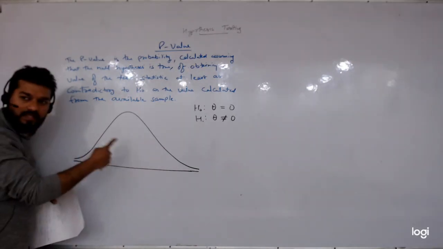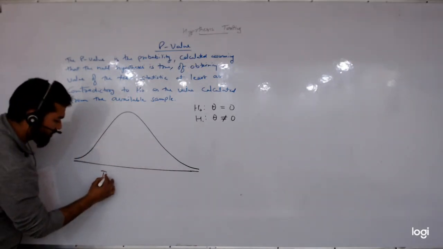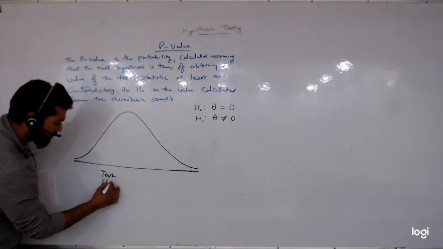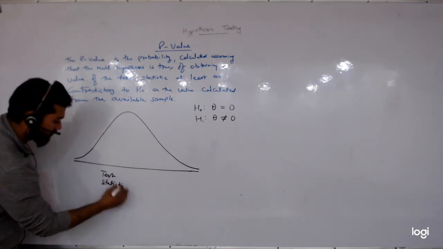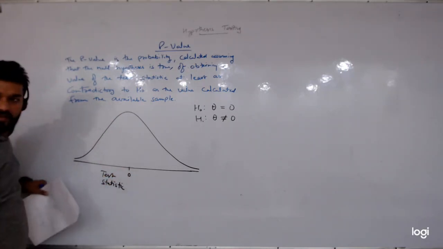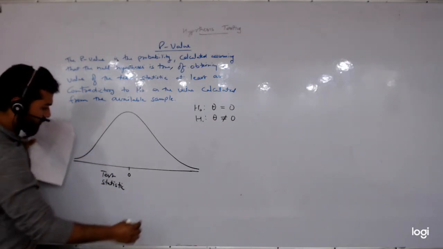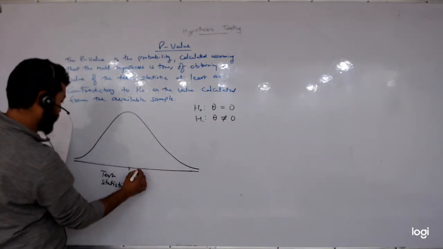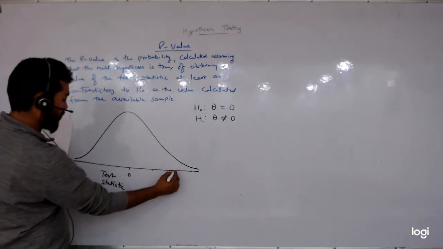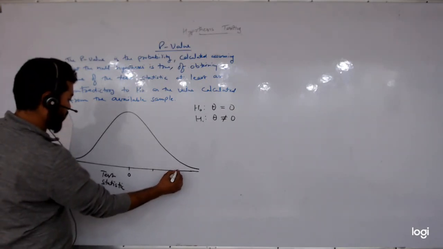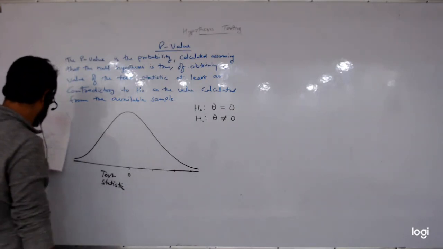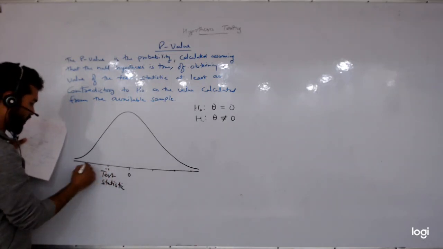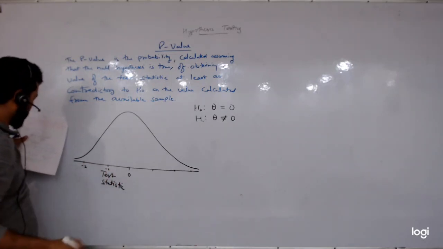So this is still the distribution of the test statistic. This was centered on 0. We have minus 1, minus 2.